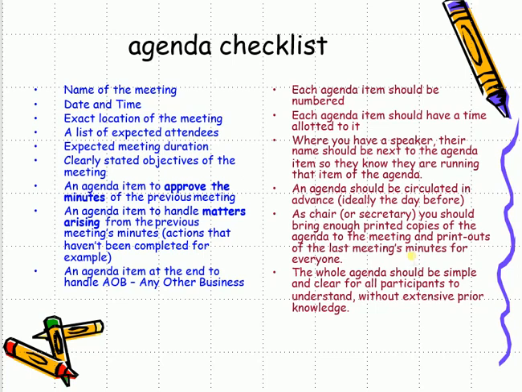So each agenda should be numbered. Each agenda item should have a time allotted to it, where you have a speaker. Their name should be next to the agenda item, so they know they are running that item of the agenda. An agenda should be circulated in advance.